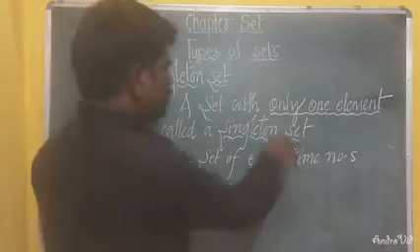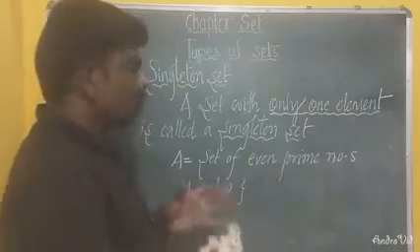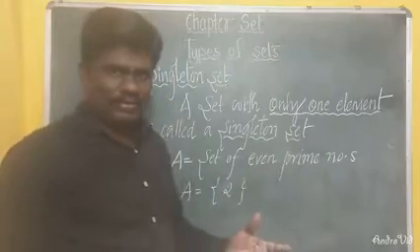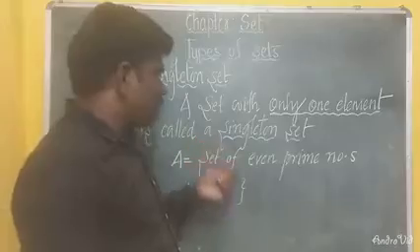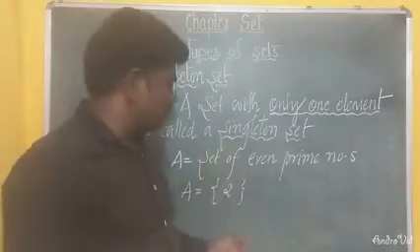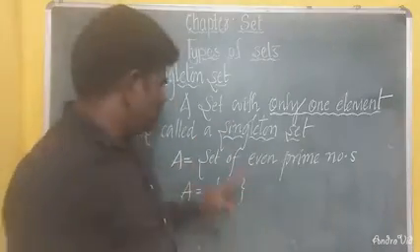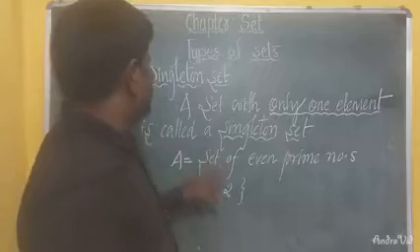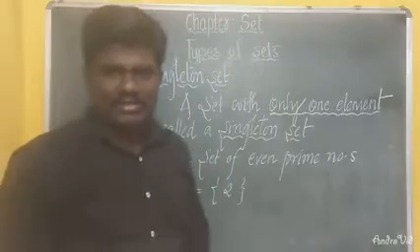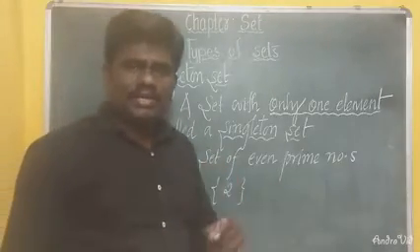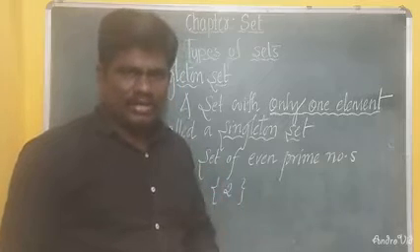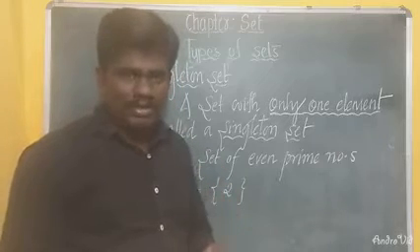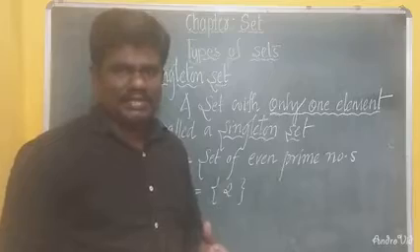So in the prime numbers there is no other even number, isn't it? The only prime number which is even is 2. So this is a perfect example for a Singleton set. A set with one element or one member is called a Singleton set.